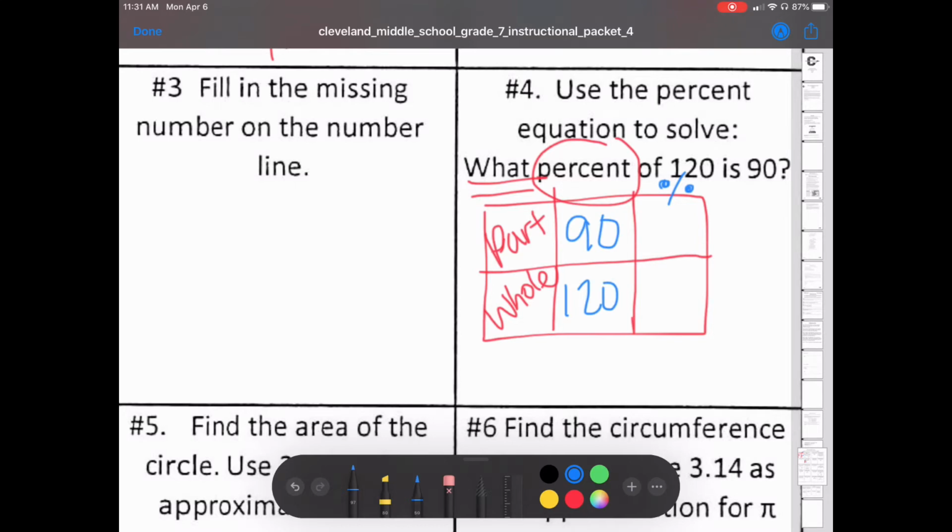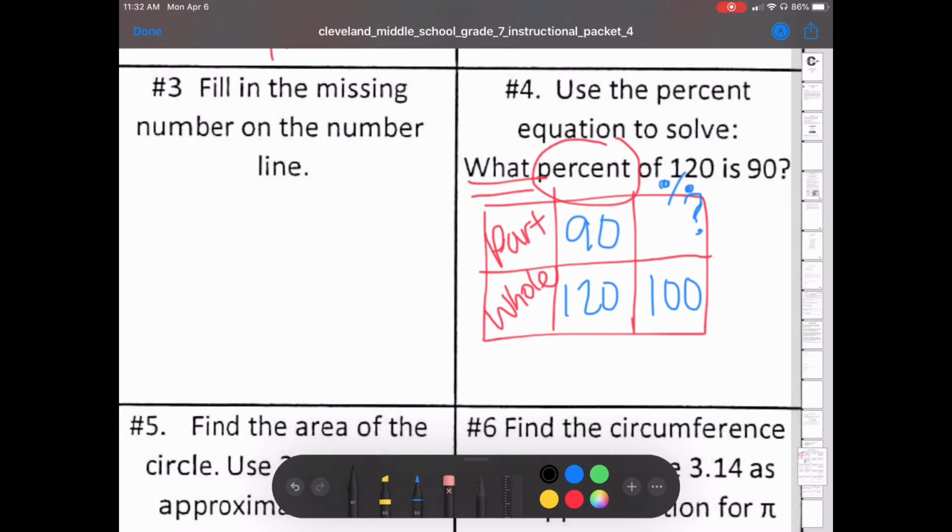Neither of those two numbers have a percent sign on them, so I don't want to put them on the right side. That's where I want to keep my numbers for the percent. We're looking for this number here. What percent is 90 if the whole is 120? We know if it is a percent, the whole amount will be a 100.